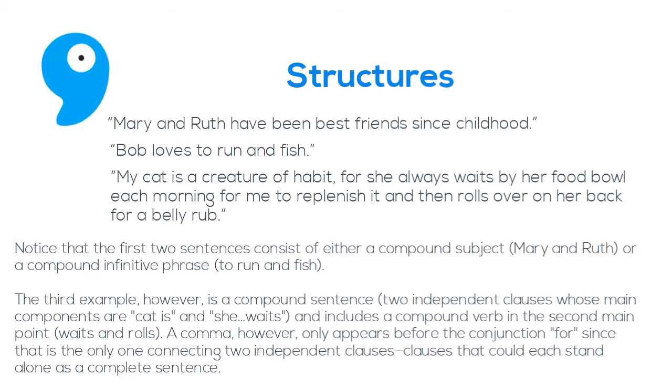The third example, however, is a compound sentence, 2 independent clauses whose main components are cat is and she waits, and includes a compound verb in the second main point, waits and rolls. A comma, however, only appears before the conjunction for, since that is the only one connecting 2 independent clauses that could each stand alone as a complete sentence.